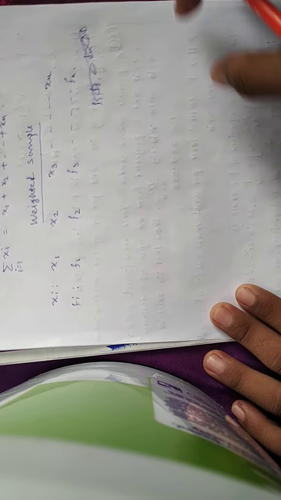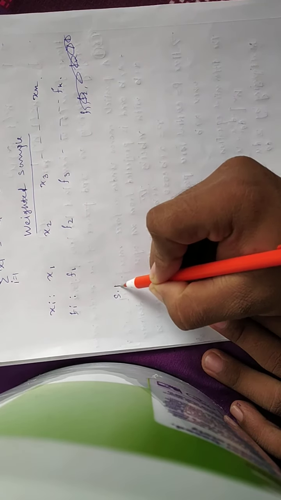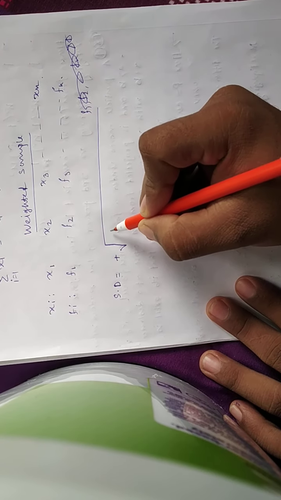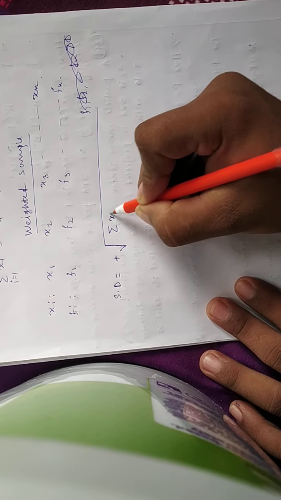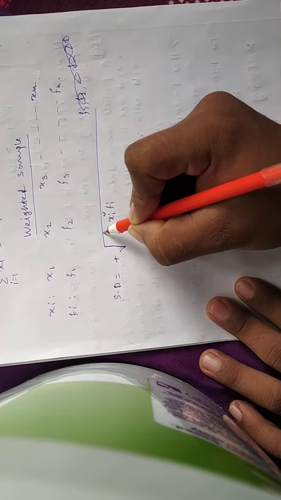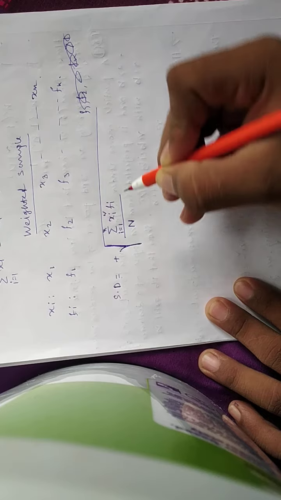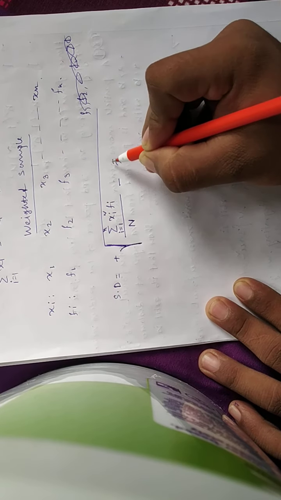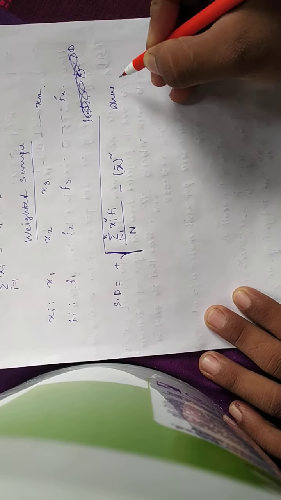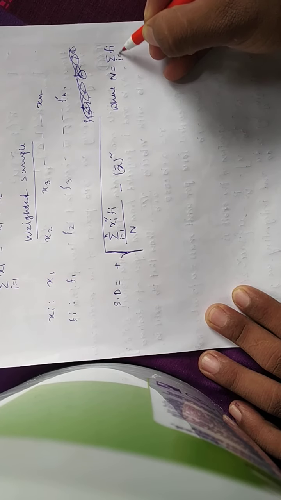So what will be the form of standard deviation in case of a weighted sample? Now look, in this case the standard deviation is equal to plus root under summation of xi square into fi, i runs from 1 to n, upon capital N minus x bar square, where capital N is nothing but the summation of fi, i equal to 1 to n.